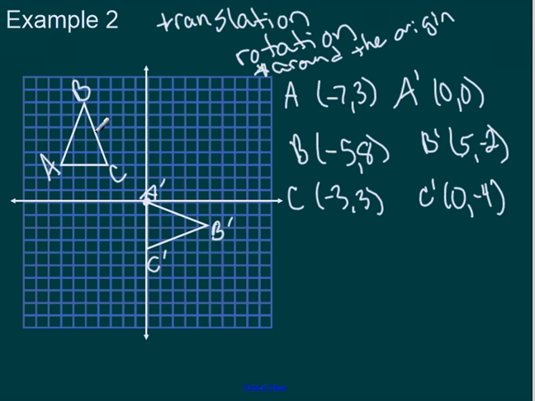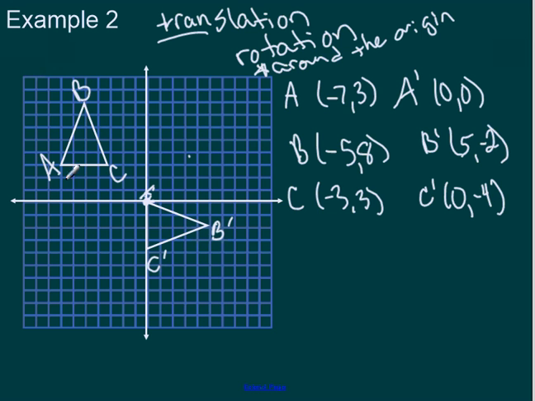So what I'm going to do is figure out what the translation is to get this triangle in this position. And then that's going to make it easy for me to figure out that, okay, well, from here to here, that's just a 90-degree rotation.